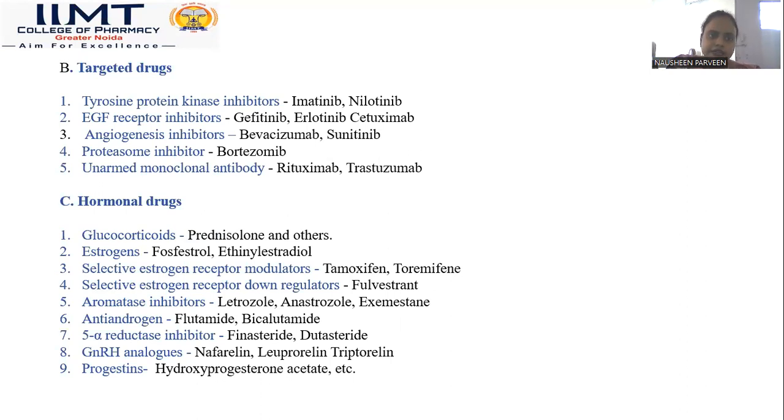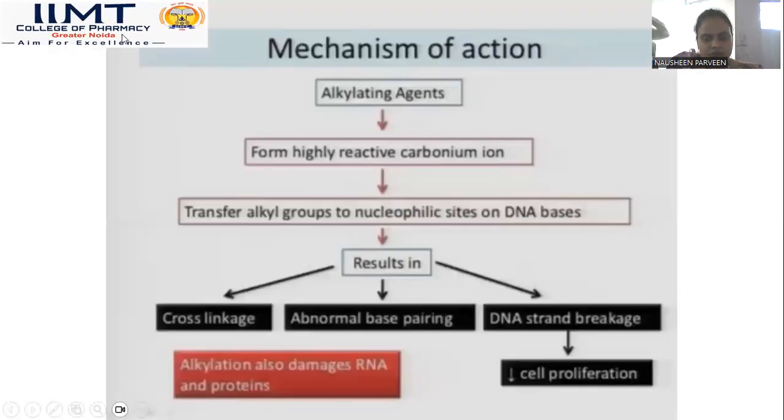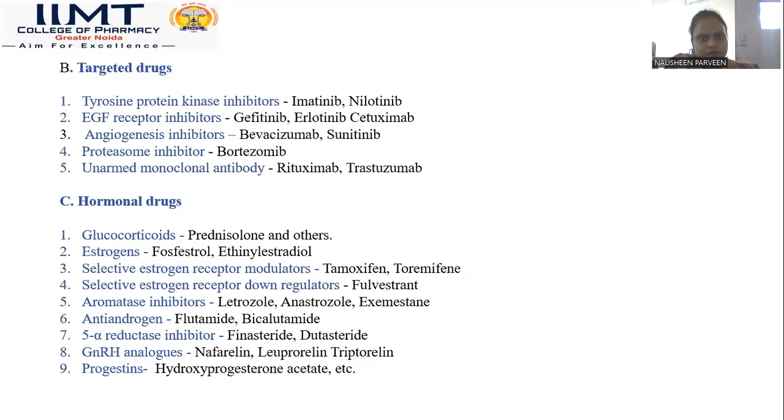Next class, targeted drugs: tyrosine protein kinase inhibitor, imatinib; EGF receptor inhibitor, erlotinib; angiogenesis inhibitor, sunitinib; proteasome inhibitor, bortezomib; unarmed monoclonal antibodies, rituximab.